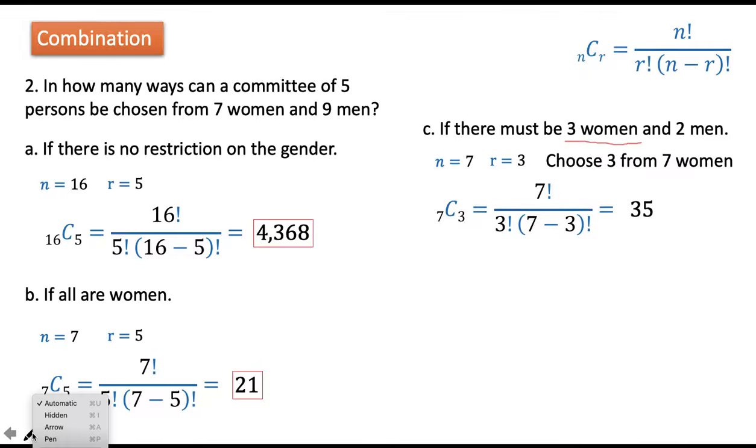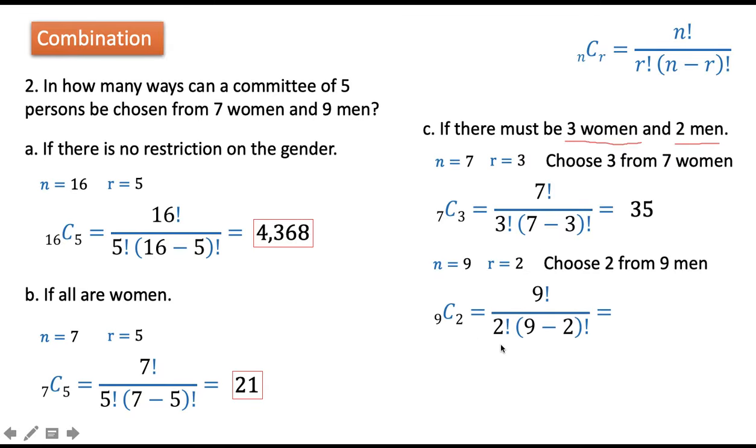Then, we're going to solve for the combinations of 2 men from these 9 men. So, our n here is 9 because there are 9 men in our given, taken 2 at a time. We want 2 men to form a committee of 5 persons. So using the same process, substitute in our combination formula, and we get 36.